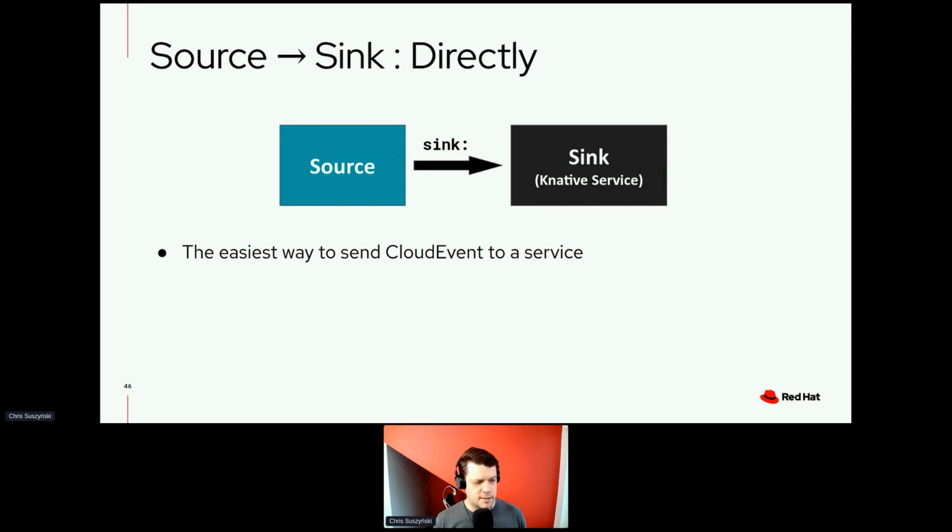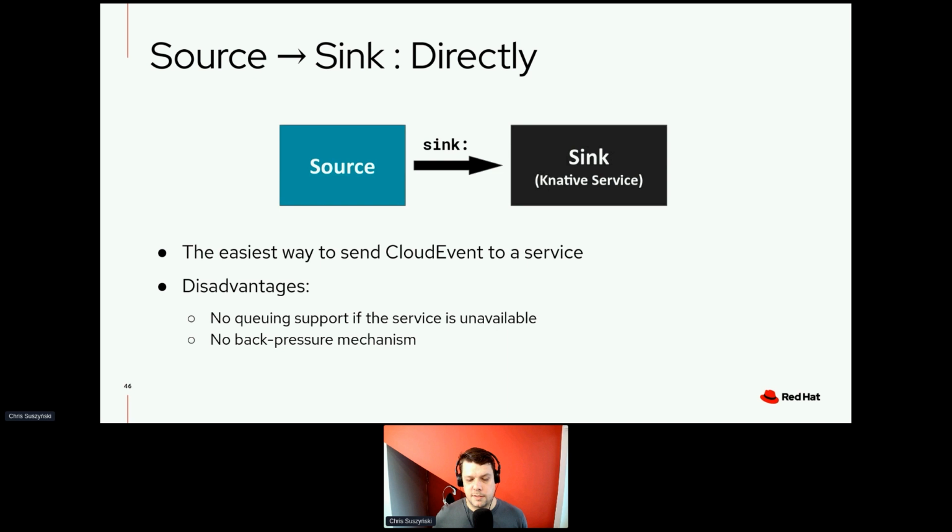So this is the easiest way to send cloud events to the service, but it has some disadvantages, like there is no queue to support if the service is unavailable, and there is no back pressure mechanism that we have in the other way of doing things.